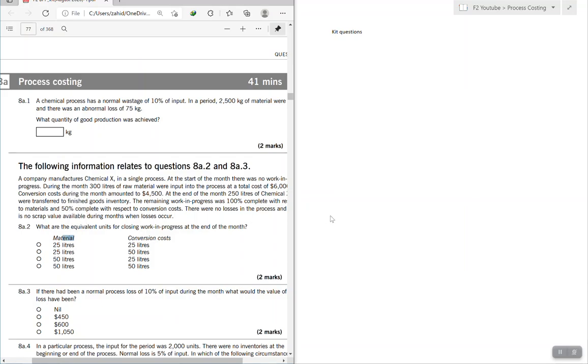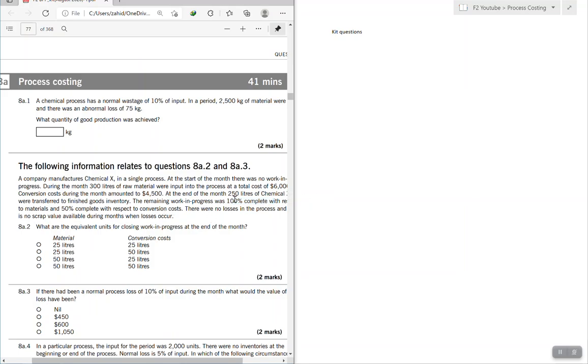What is equivalent units for material? We have 300 units input, 250 are complete. So 250 is there. And then 50 that is remaining is 100% complete with respect to material and 50% complete with conversion.